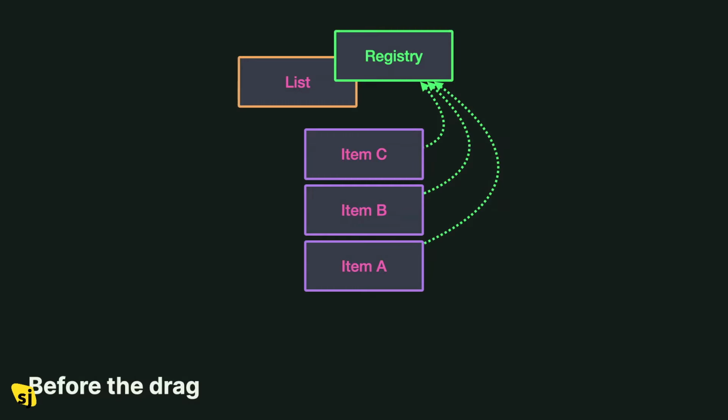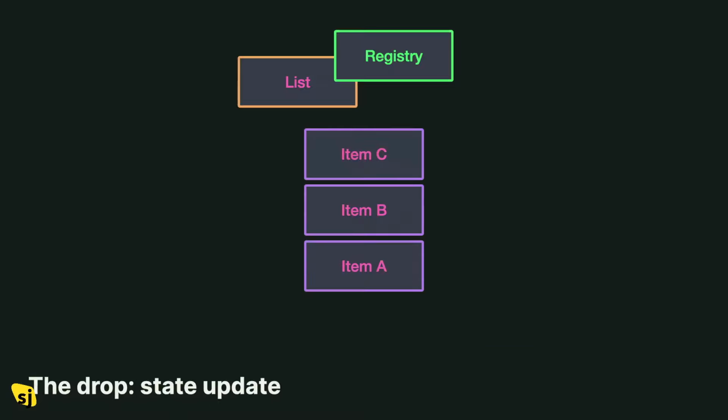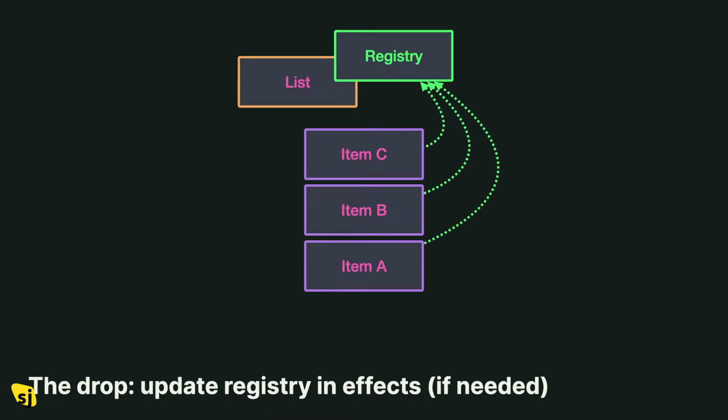So what do we do? I'll take you through the life cycle. Before the drag, everything registers with the registry. Drag's happening. During the drag, the user's dragging item A beneath item C. On the drop, there's a state update. React needs to do a state update to re-render these things and put them in the right place. Then the registry will be updated.